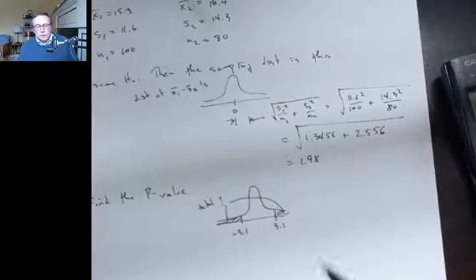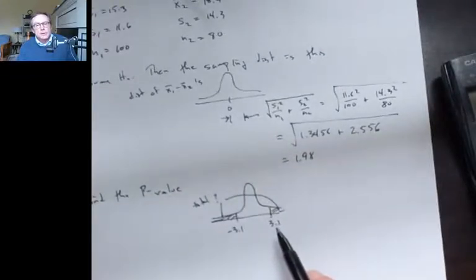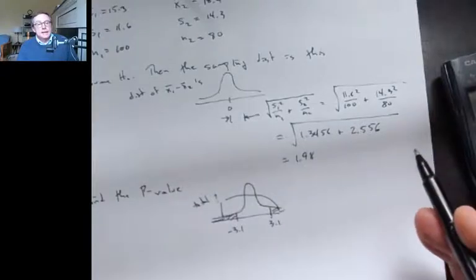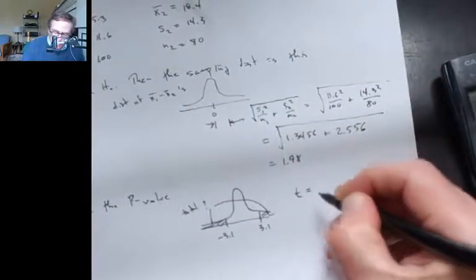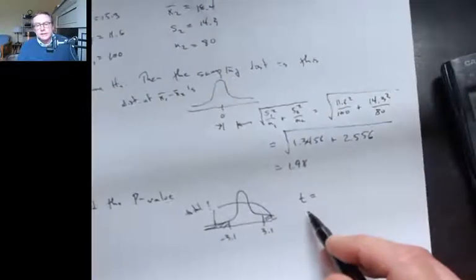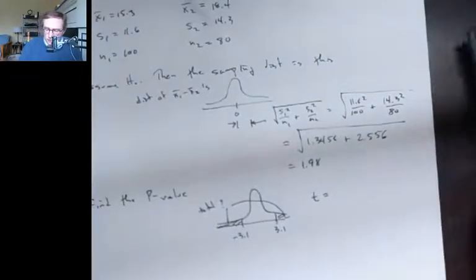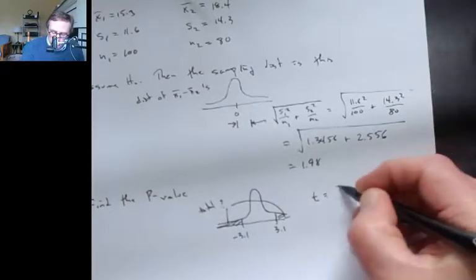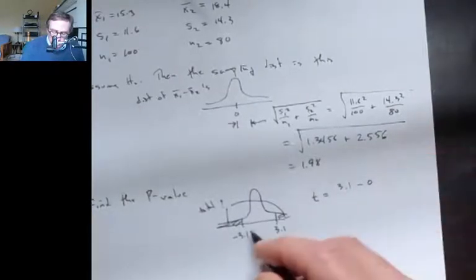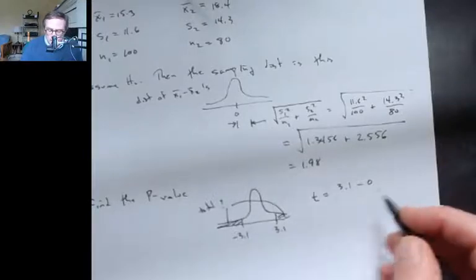In order to get that, of course, I have to figure out how many standard units 3.1 is, and look it up on StatKey. I'm going to be on a T curve, so this is T. I'm writing the letter to try to be clearer. I'm looking at 3.1 take away 0. How far is 3.1 from the middle?